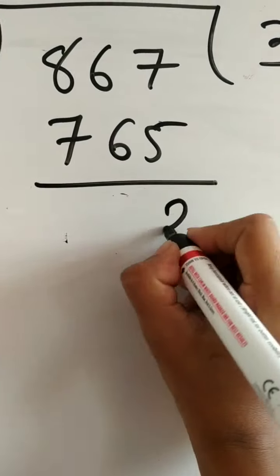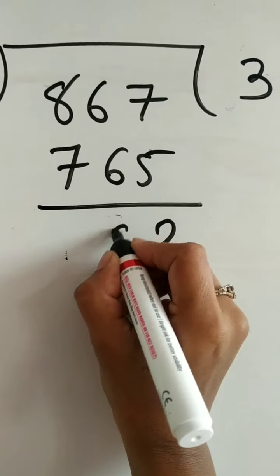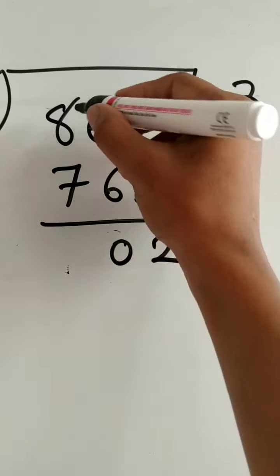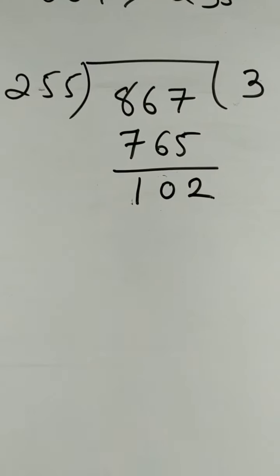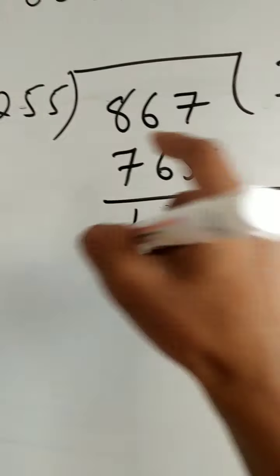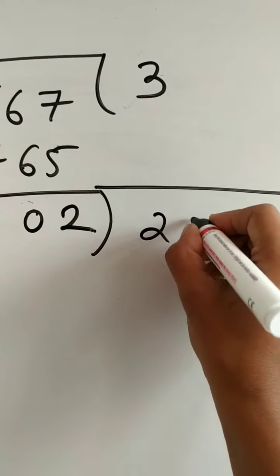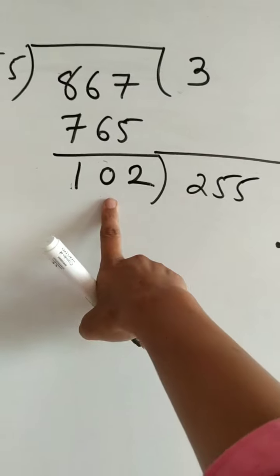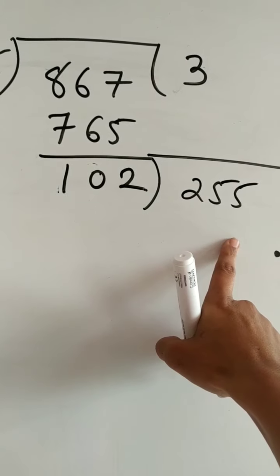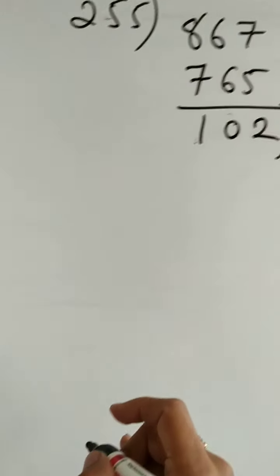7 minus 5 will become 2. 6 minus 6 will become 0. And 8 minus 7 will become 1, so we get 102. Here we will take 255 inside. Here in the table of 102, when 255 will come, again we will check in our rough work.